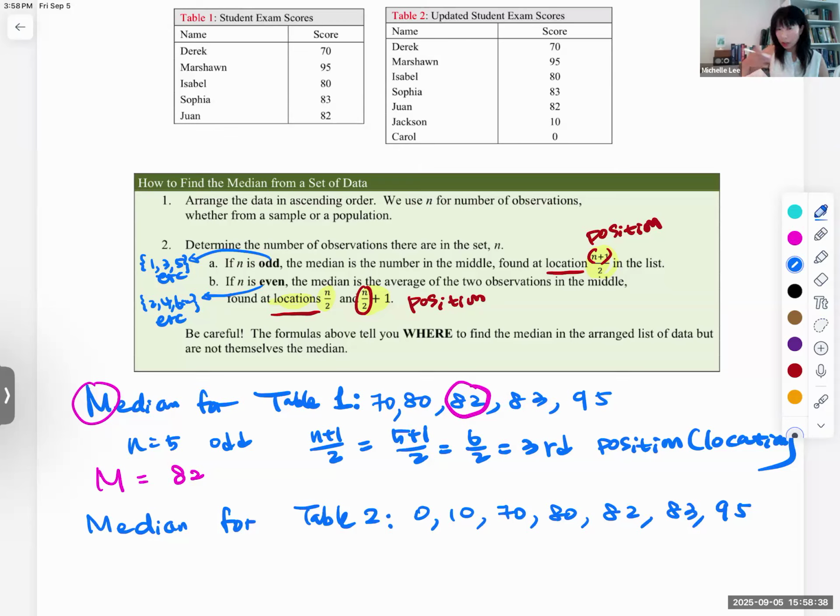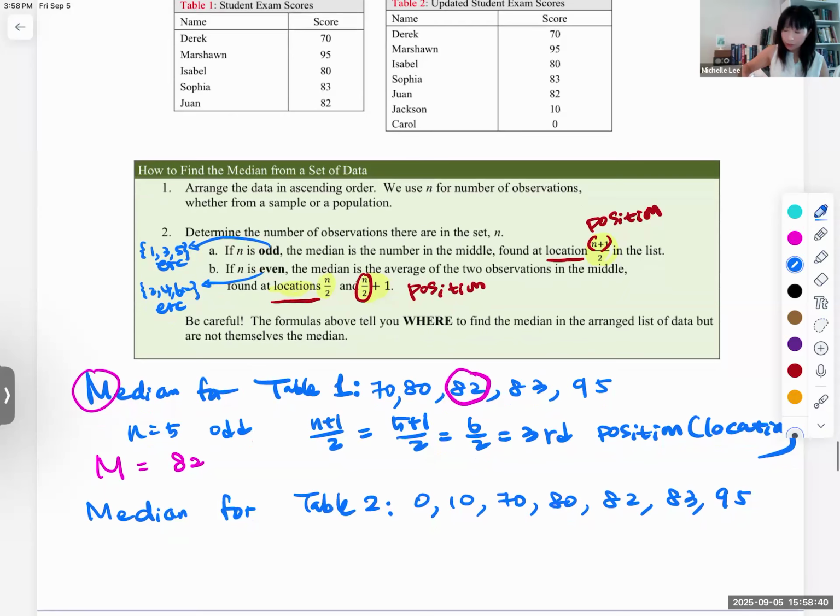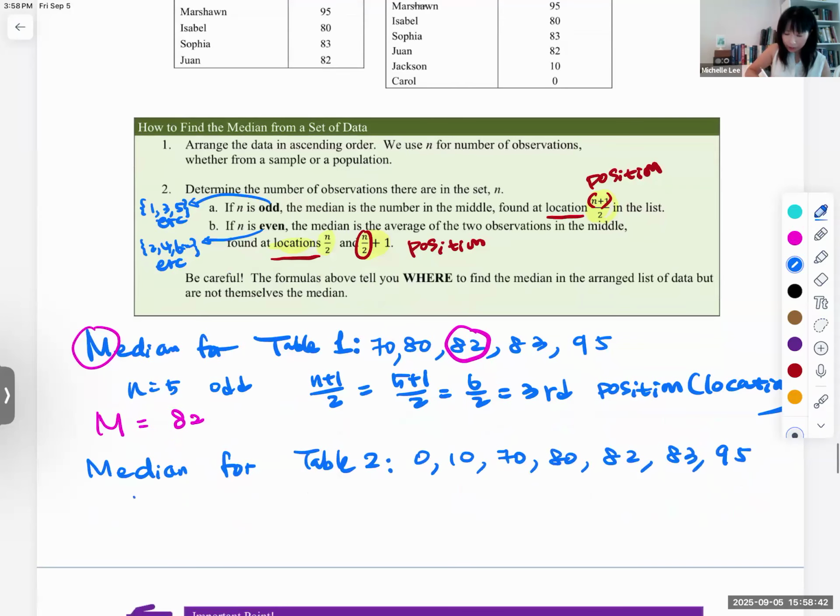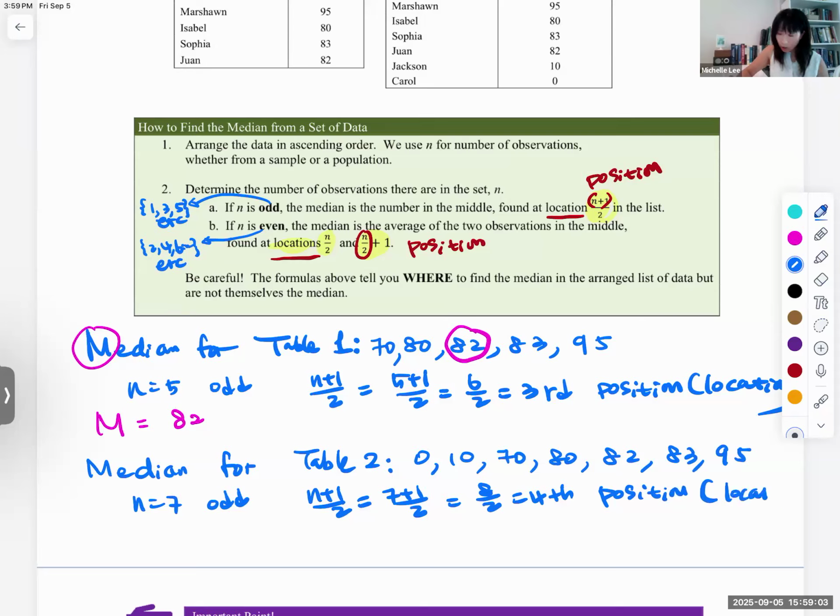We cannot use it like earlier, when n equal to 5. So now we have n equal to 7. Still odd. Then we make it even in order to divide by 2. That is 7 plus 1 over 2, that's 8 over 2, which is the fourth position, location.